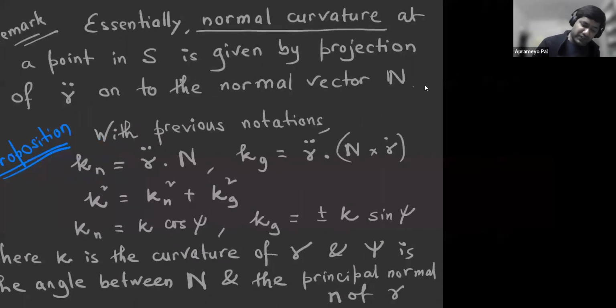So how do we prove this? Proof. Let's recall what we have by definition. Gamma double dot is kappa n n plus kappa g n cross gamma dot.